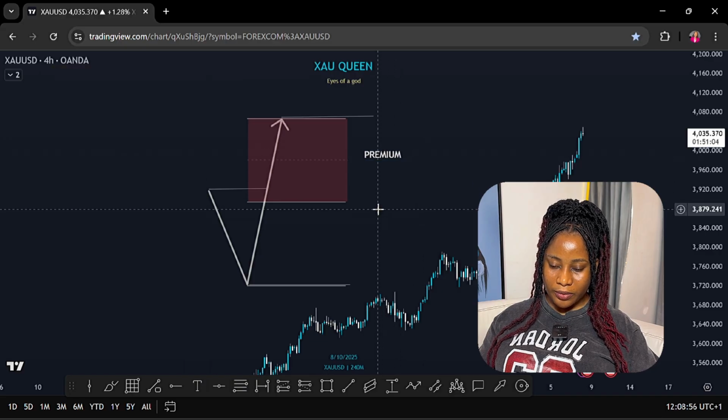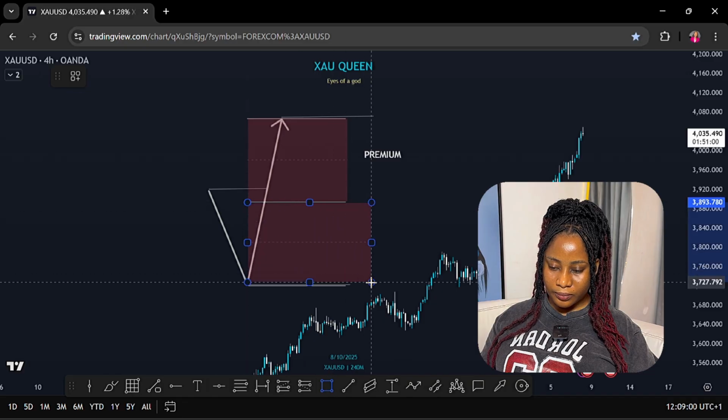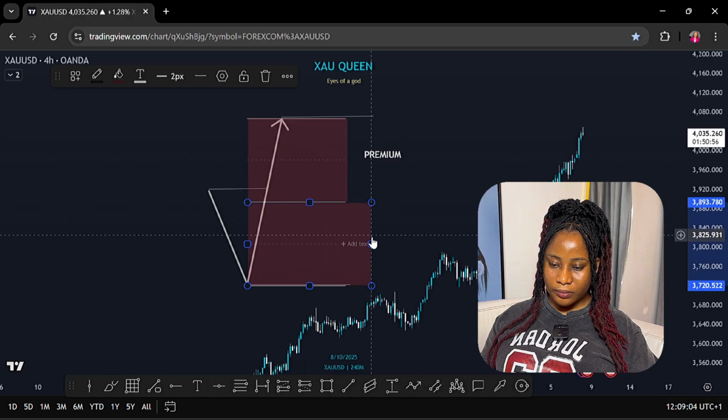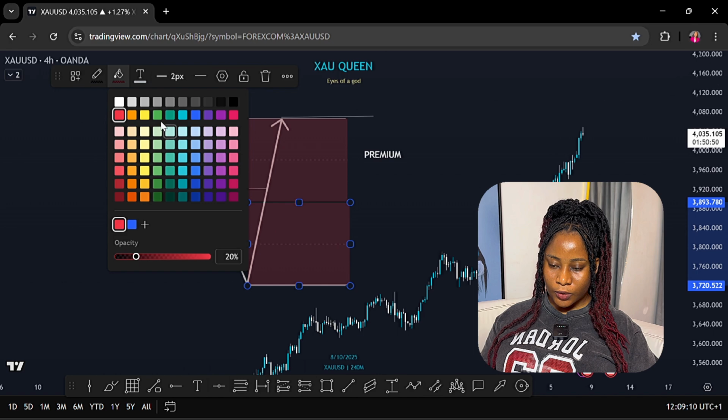This is our premium area, while this is our discount area.